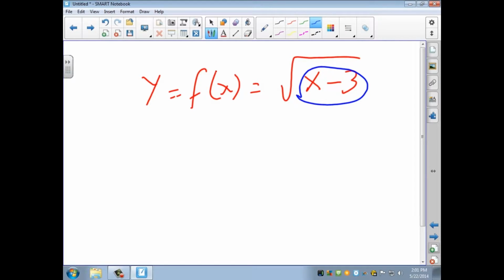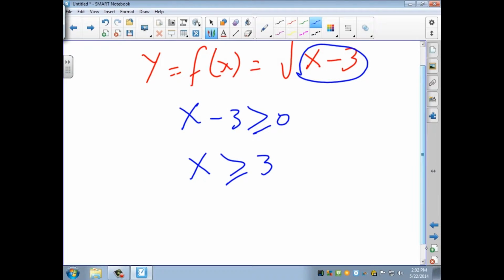So here x minus 3 has to be greater than or equal to 0 in order to have a real value for the function. That means x has to be greater than or equal to 3. If you want to write this in the form of interval that we have seen before, you put bracket 3, comma, infinity, close.